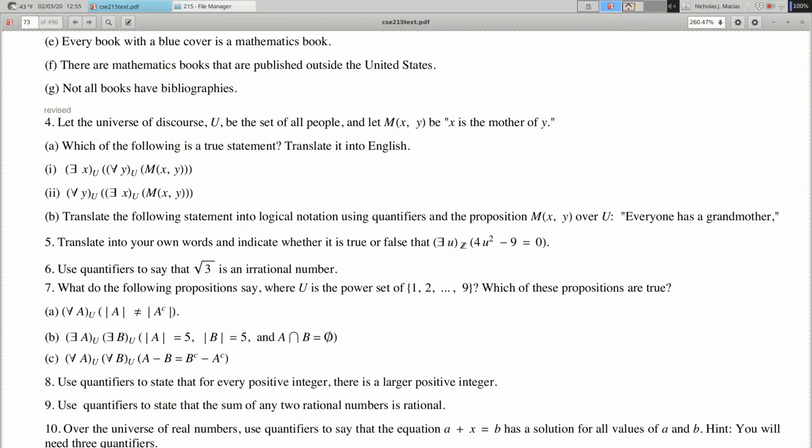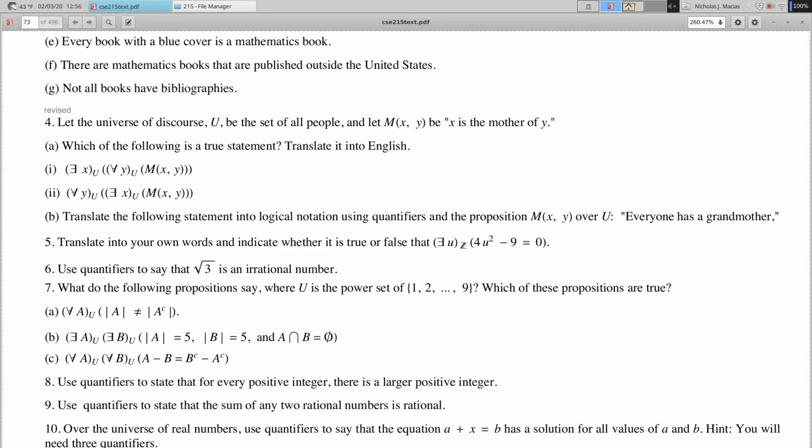All right, 3.8, 4. The universe is the set of all people, and M(x,y) is a proposition that x is the mother of y. And then part B says write a statement using quantifiers and M to say that everybody has a grandmother.